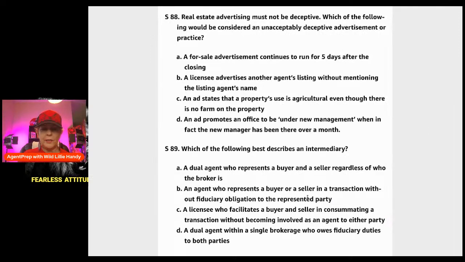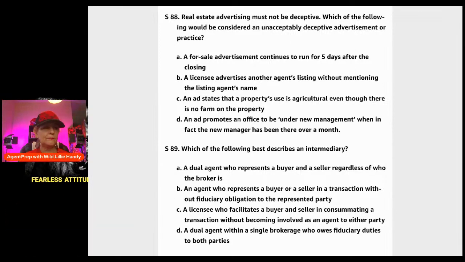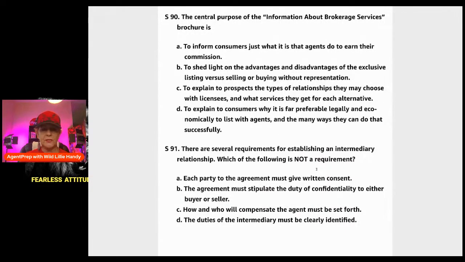I don't know why I read B, but I typed the right answer. So Texas wasn't the key word that I stated. It's just that it's intermediary. No dual agency in Texas. We have intermediary.